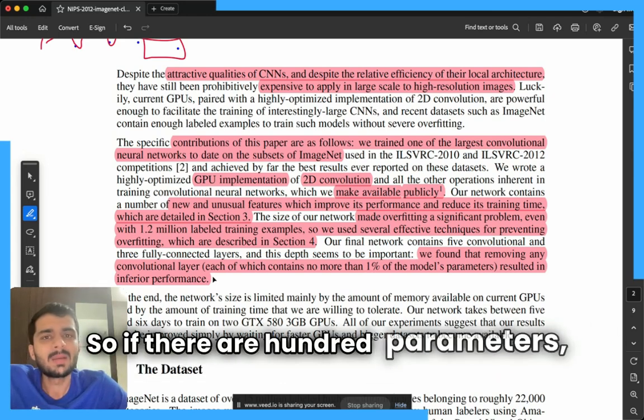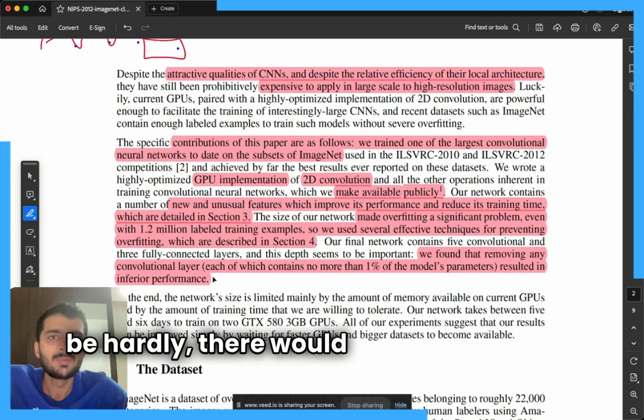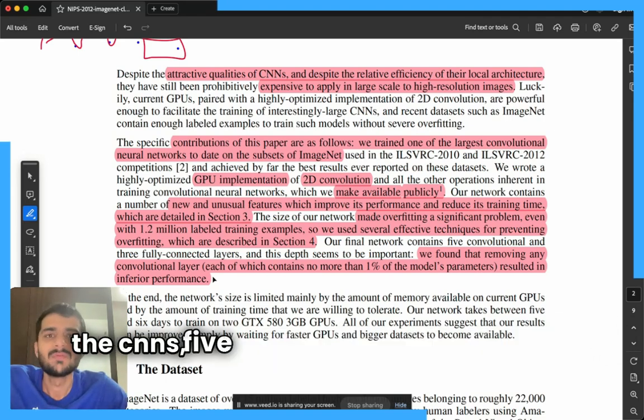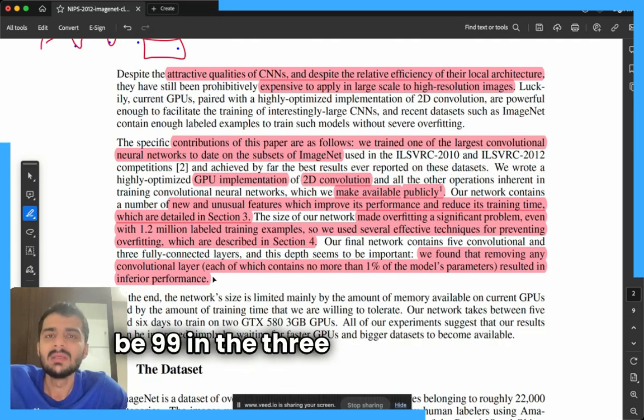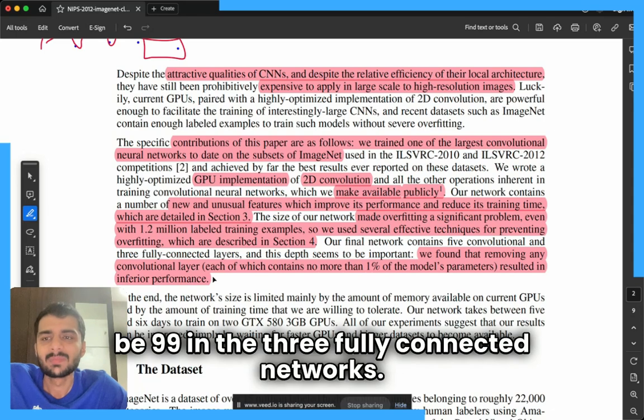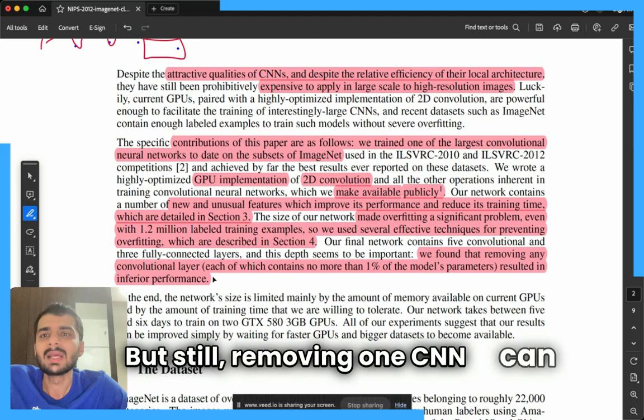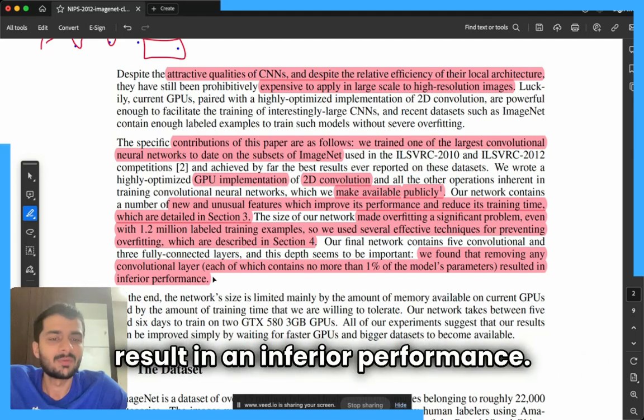So if there are 100 parameters, hardly one parameter would be in the CNNs, the five CNNs combined, and there would be 99 in the three fully connected layers. But still, removing one CNN can result in inferior performance.